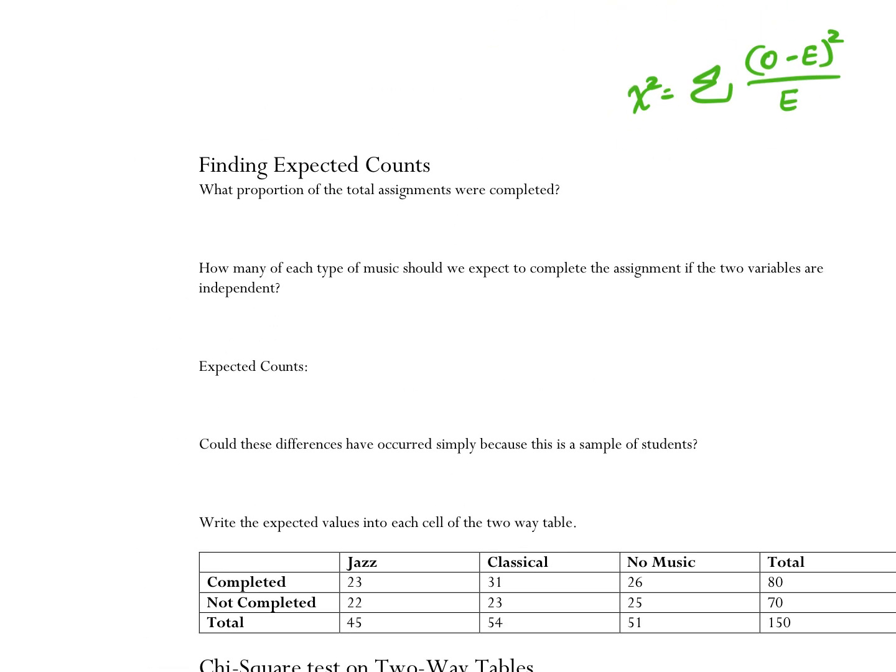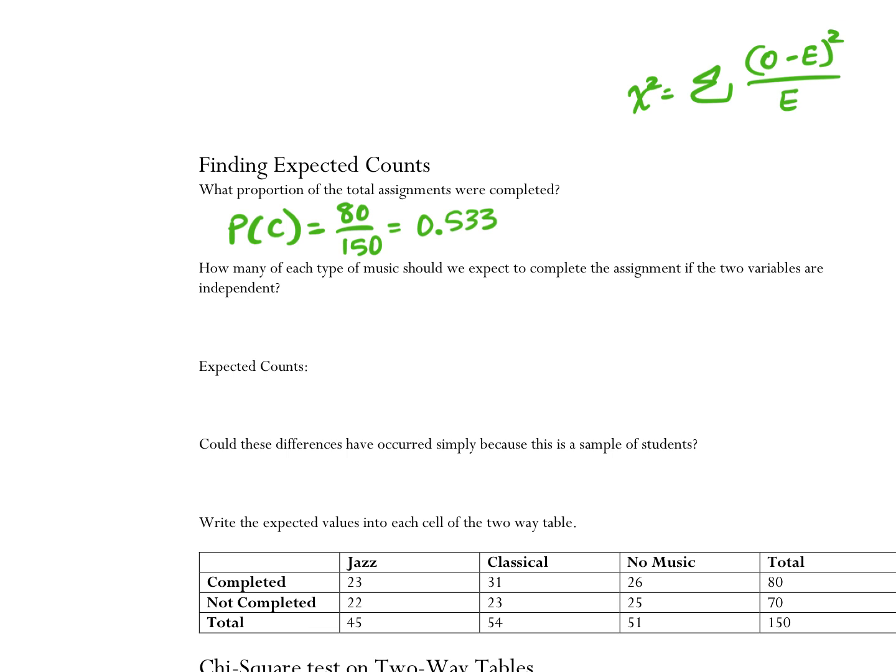All right, so we did this on the previous page. The probability that someone completed the assignment was 80 out of 150, which worked out to be 0.533. Now, what does that mean?